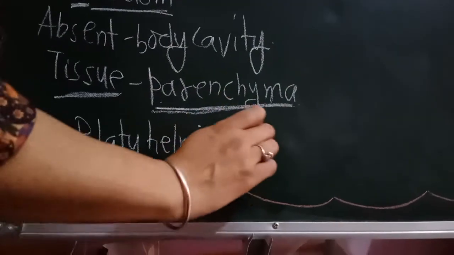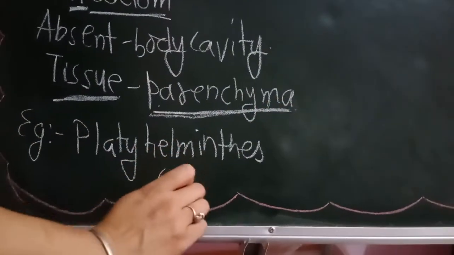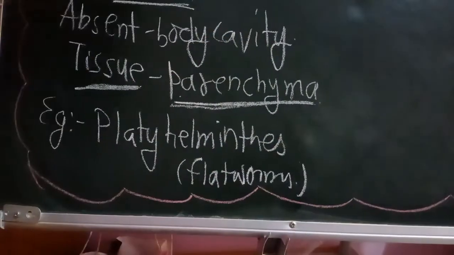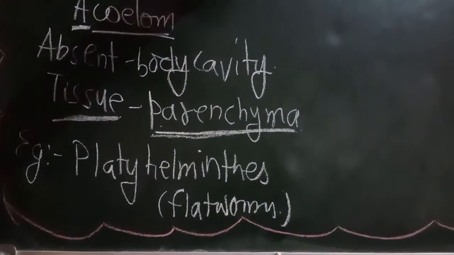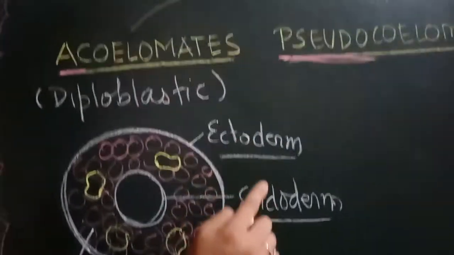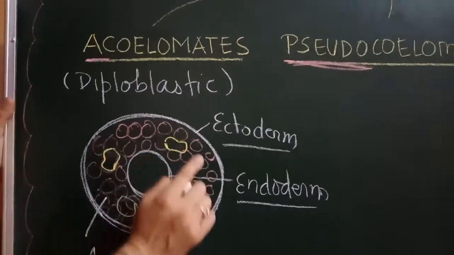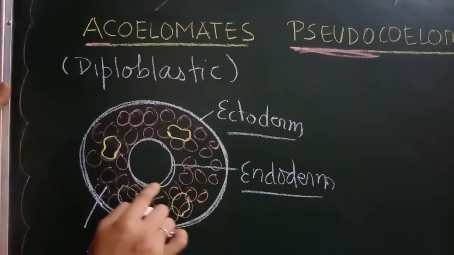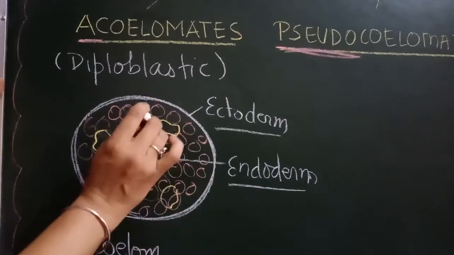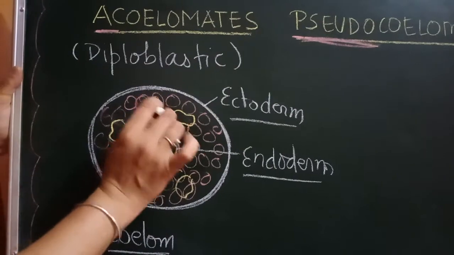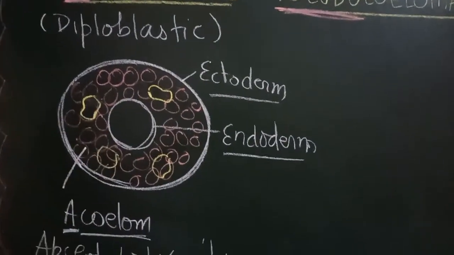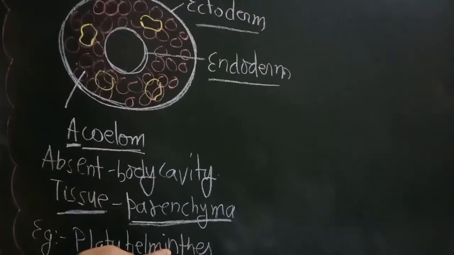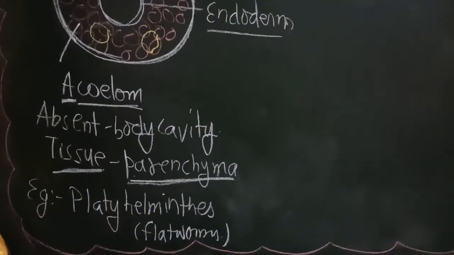They show this type of arrangement. That is the acoelomates. So the main thing is there is the presence of only two germinal layers, and the space is absent. Why is it absent? Because it is filled with a special type of tissue. The organs are fitted within this tissue itself. Acoelomates, example is platyhelminths or the flatworm.